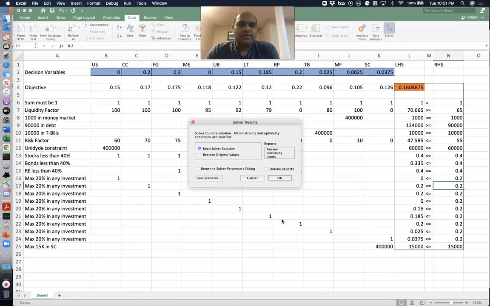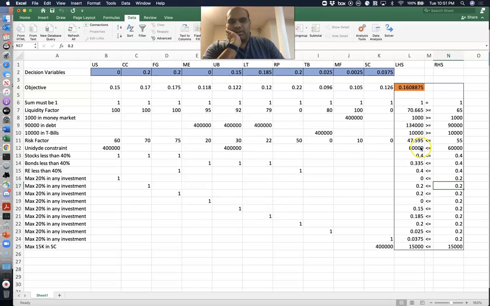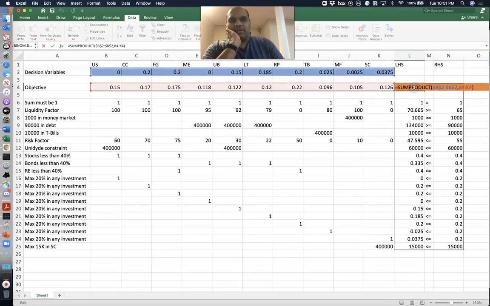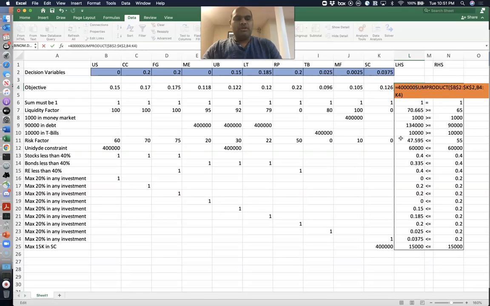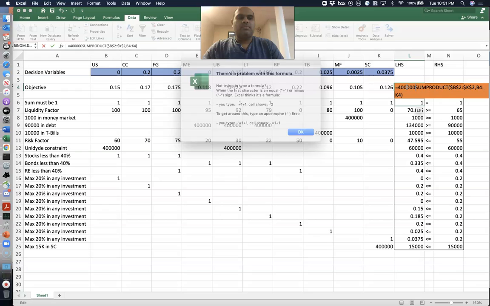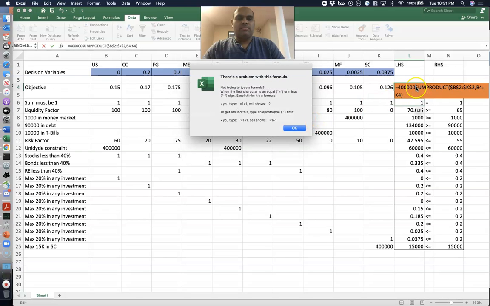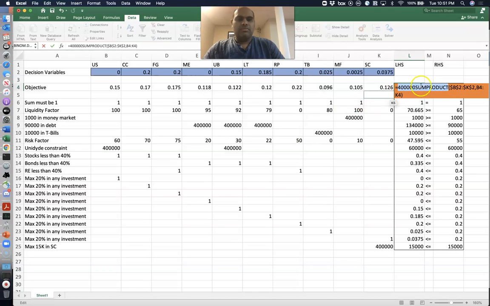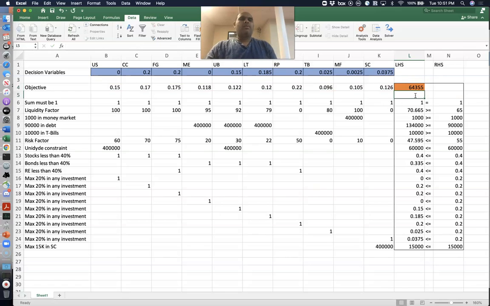It can take a couple of seconds. There you go. It literally took about a couple of seconds. One of the things we could have done with the objective is multiply it by 400,000 to know exactly how much return we are going to get. That's our objective.